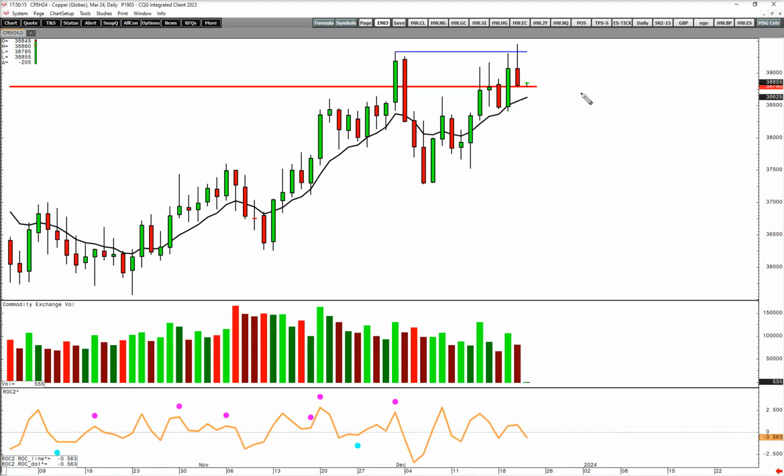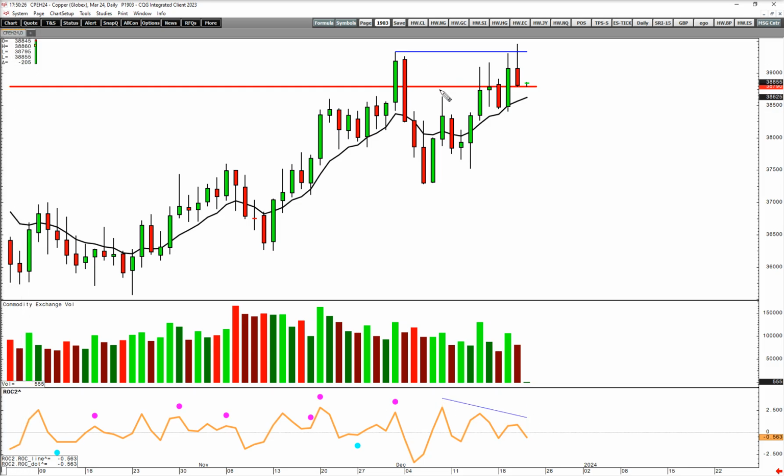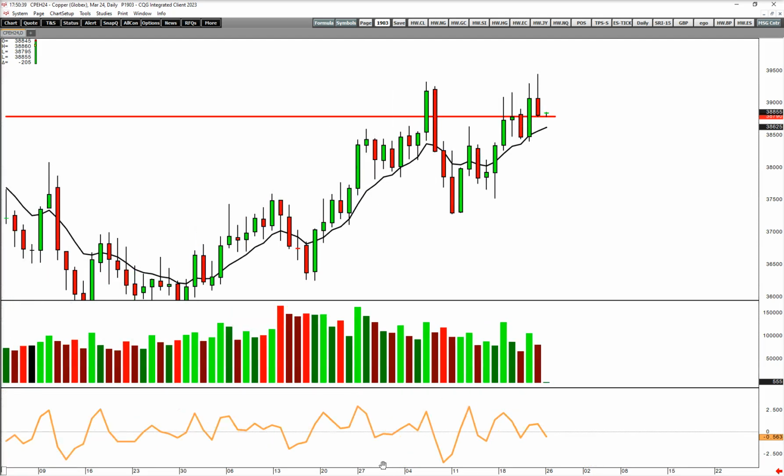But if we take out that low, that's also an area where we can look for a 4X trade. And also here, you've got these divergences where this is a higher high with lower momentum than over here. This isn't a true 3 hump divergence because we didn't get 3 higher highs. We only got this higher high over here. But again, that's just something else to keep an eye on.